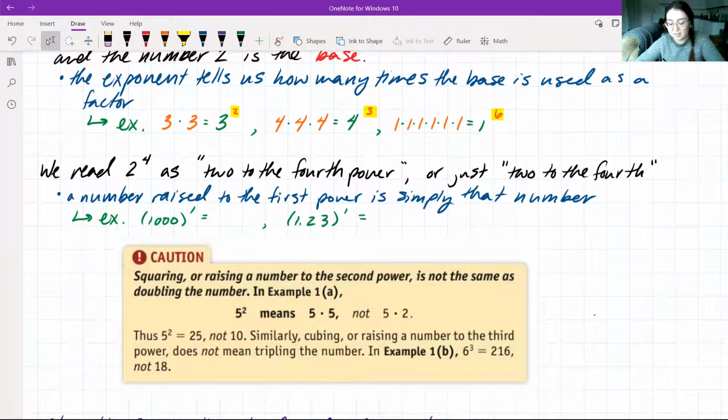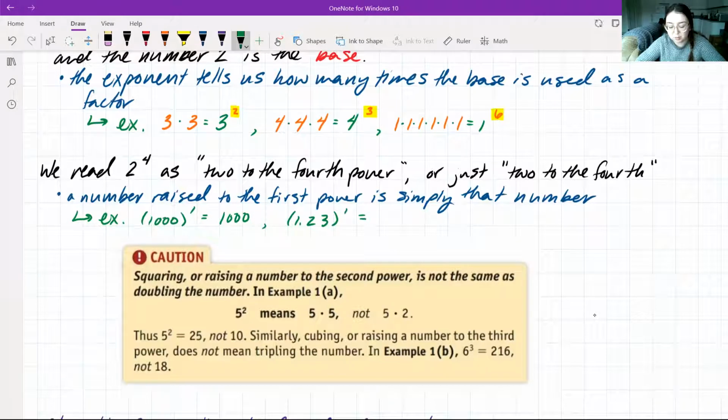A number raised to the 1st power is simply that number. So if we had 1,000,000 raised to the power of 1, that's just 1,000,000. Any number that we raise to the power of 1 is just going to be itself. For our examples here, we have 1,000 to the 1st power, which is equal to itself, 1,000.